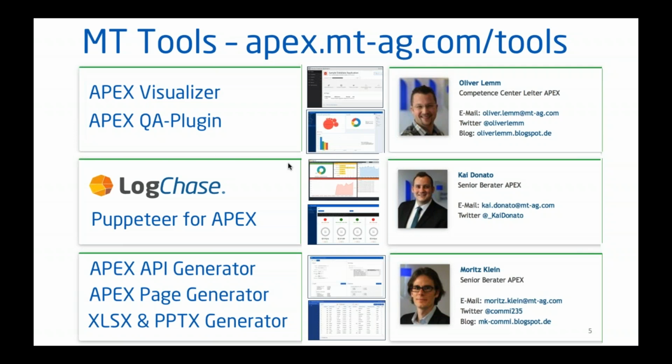This is very helpful for development, but also in a production environment to proactively look if something goes wrong or not, and then you can proactively handle that. LogChase is also freely available, so you can download it for your Apex environment, and I suggest you have a look into that.